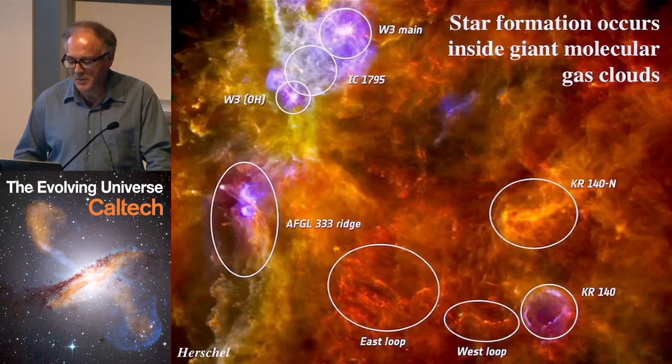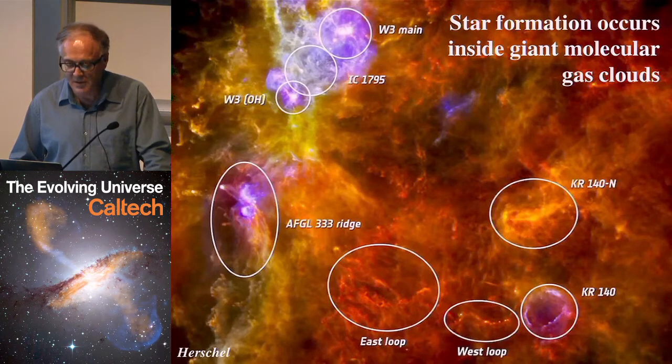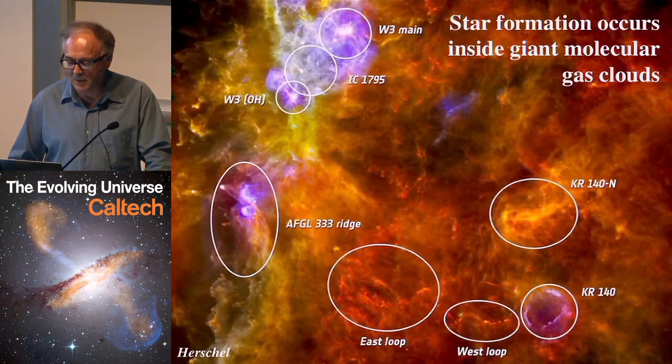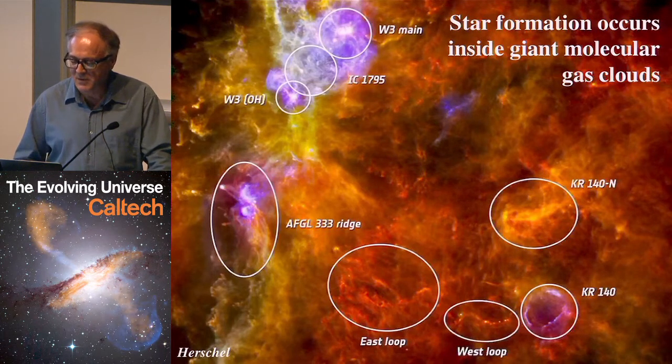And this is a picture from the Herschel satellite that is mapping a particular giant molecular cloud in several different wavelengths. And again, you can see that these clouds are nothing like spherical, and they have this knobby structure.